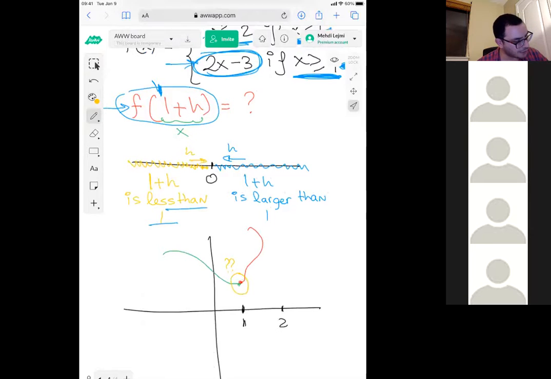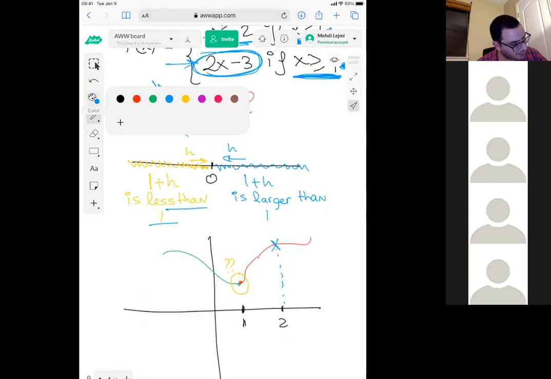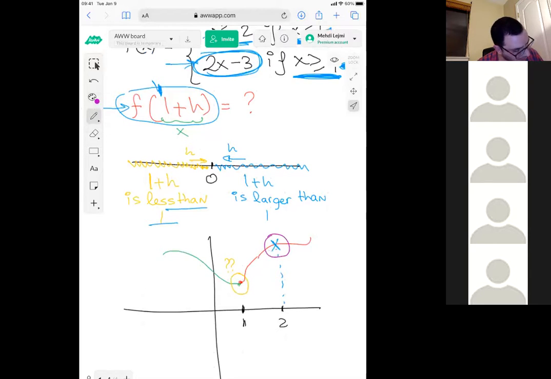But at 2, for example, if you take a different value, here at 2, this is the image of 2, right? And if you zoom in, from the left and from the right, we have the same equation.